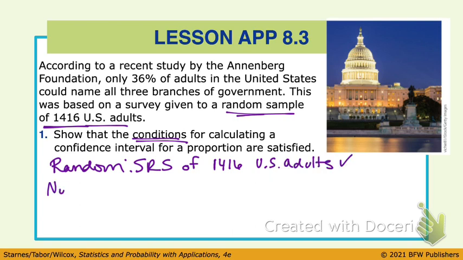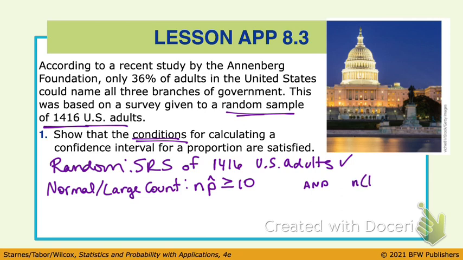And then we're going to check our normal or large count condition. That means we need to check that n times the sample proportion is greater than or equal to 10, and we need to make sure that n times 1 minus the sample proportion is greater than or equal to 10.